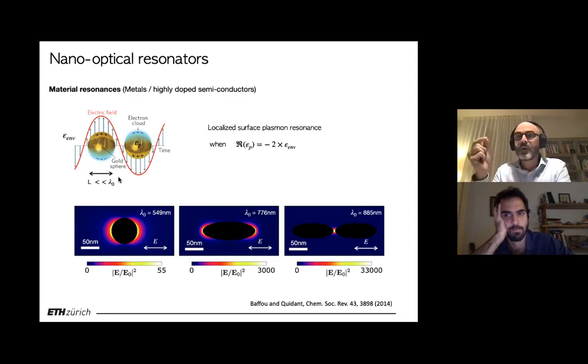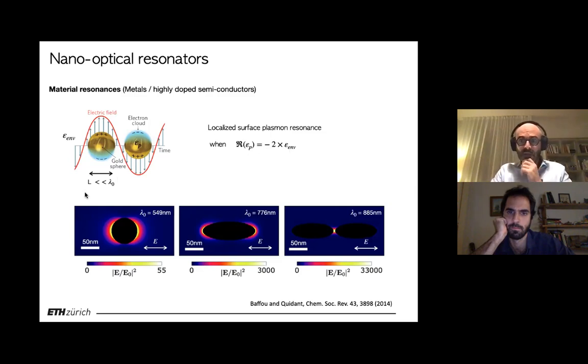And typically for a particle that is very tiny and spherical, this resonance would happen when the real part of the electric permittivity is negative and equal to twice the dielectric permittivity of the environment.